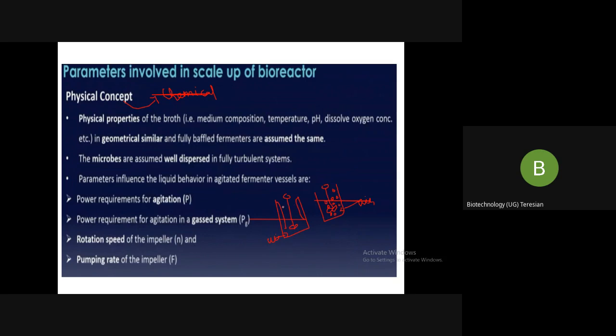But that is not the case here. Here the air bubbles will be uniform. What does this mean? Here the liquid media will be almost equal like this, in the same line. Whereas here the liquid medium will be like this because of the vortexing. Okay.